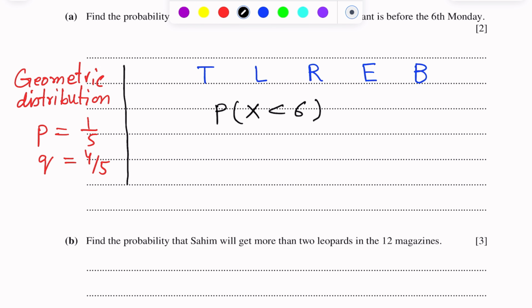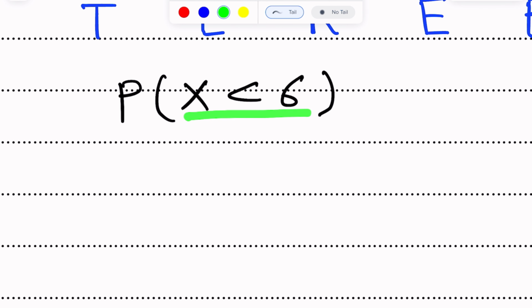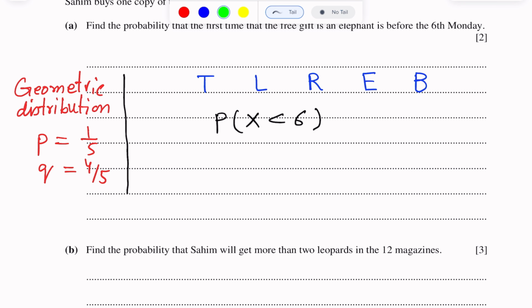According to the adjustment of this inequality sign in geometric distribution, probability of X less than 6 will be 1 minus q power 5.